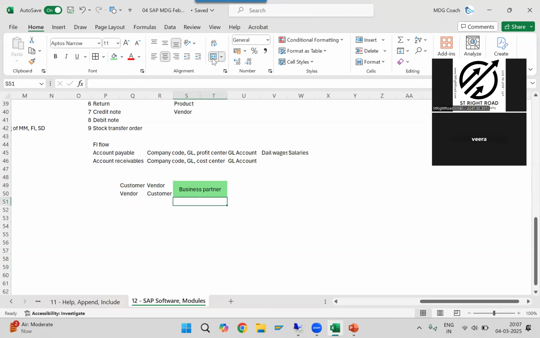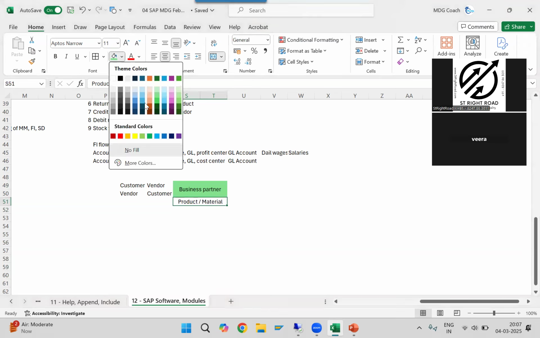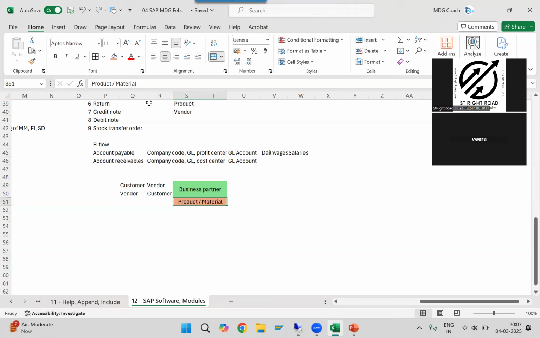This is the terminology. Product or material, both are the same. Few members will call it a product, and few members call it a material. And the next one is finance.